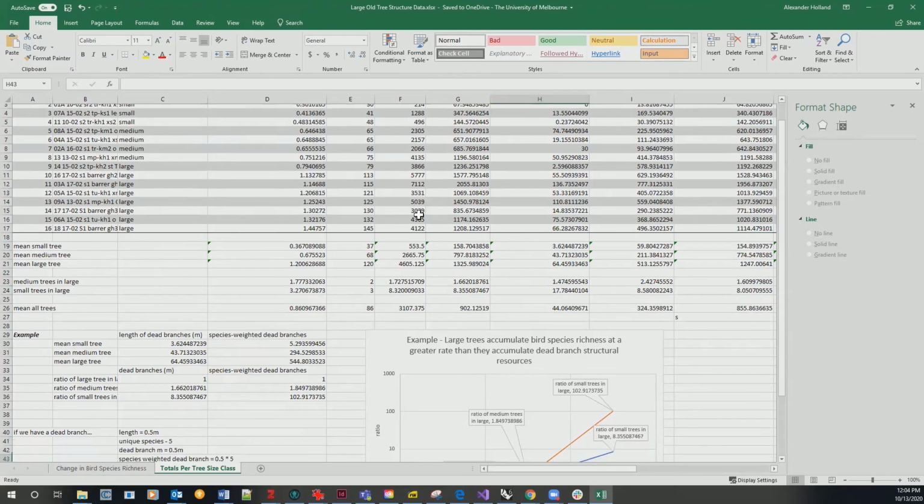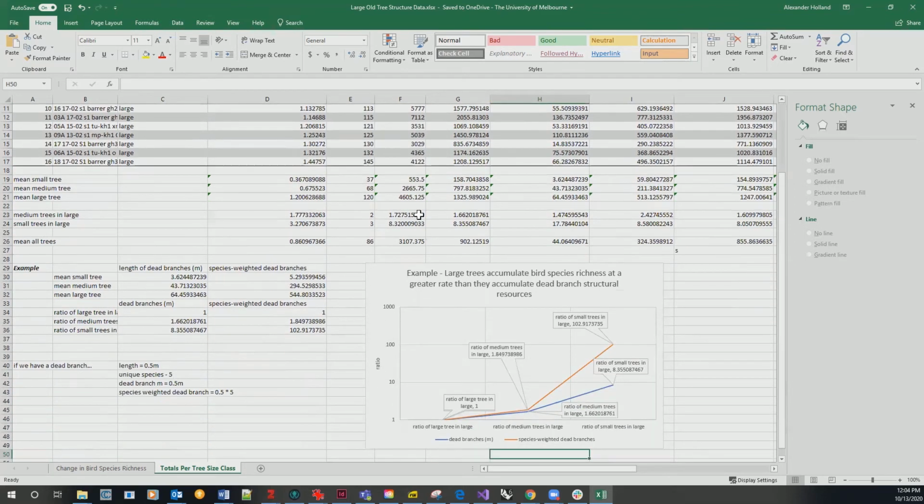The second portion of what I'm looking at is what I'm calling the species weighted structural scores. To explain that, I just want to zoom into a branch. If we've got a dead branch with a length of 0.5 meters, then it would give the tree that it belongs to 0.5 meters of dead branches. So when I'm calculating the cumulative length of dead branches, this branch would contribute 0.5 meters.